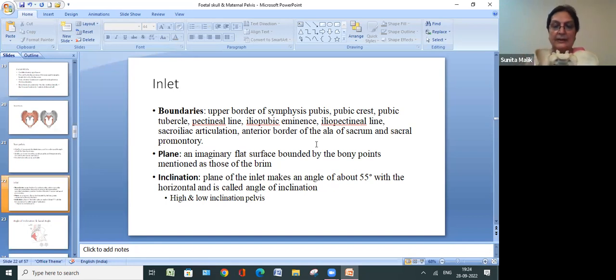Now, normally in a standing position, the pelvis is never like this. It's a little tilted like this. You must have seen. So if we draw a line from the sacral promontory to the symphysis pubis, and a perpendicular to that, that is the plane of the inlet, and the angle formed is between the inlet plane and the line drawn in the horizontal.